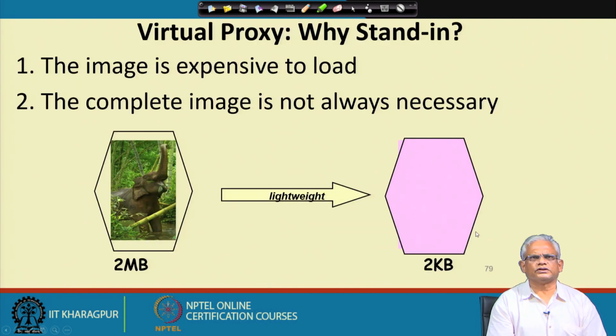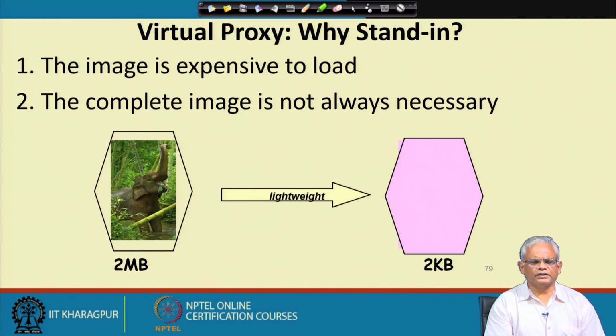Now, let us look at the virtual proxy. Here the virtual proxy is a stand-in, a representative of the real object. The main motivation of the virtual proxy is to speed up an application.